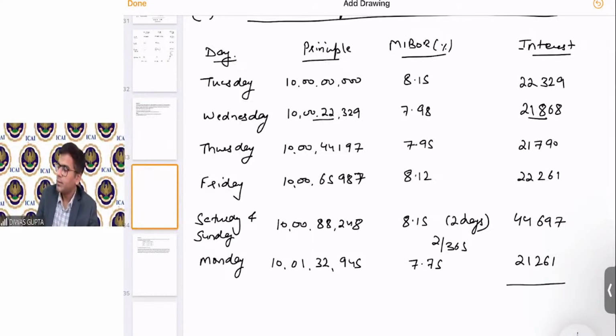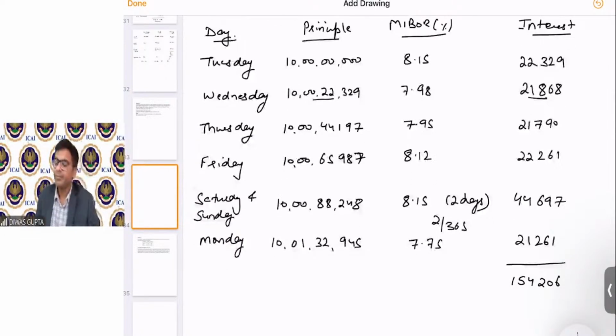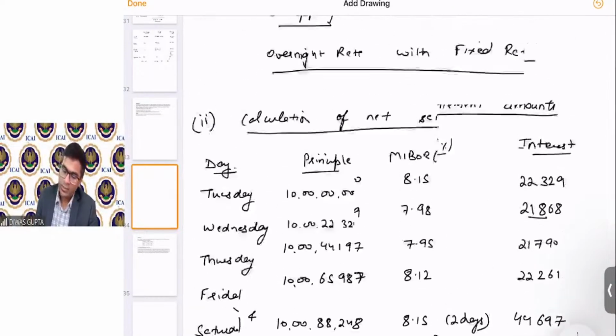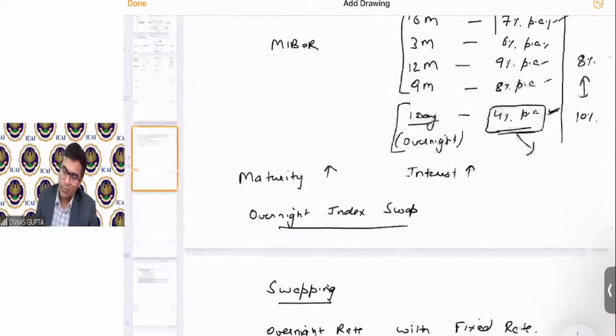The total is 154,206. This is the total, right? That has to be paid, right? So what is the question?